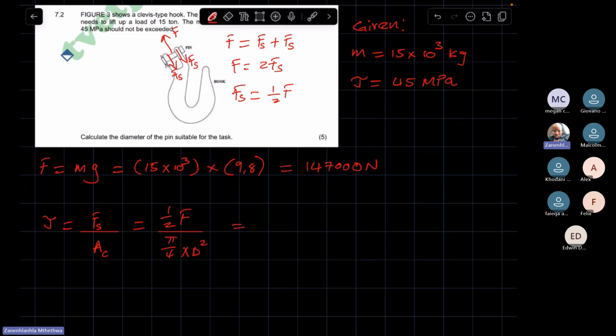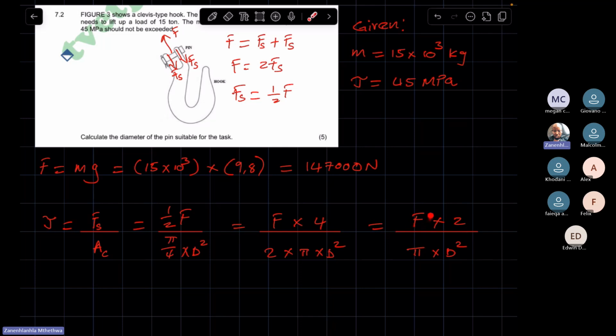Now this mathematically comes down to force times 4 divided by 2 times pi times d squared, which of course is equal to force times 2 divided by pi times d squared. 4 over 2 is equal to 2, which is where this comes from. Yes.